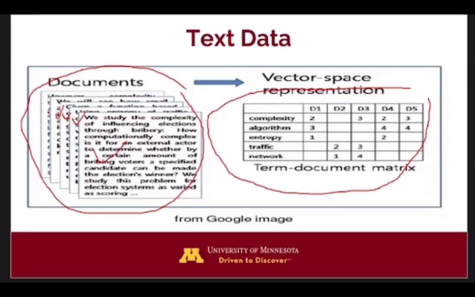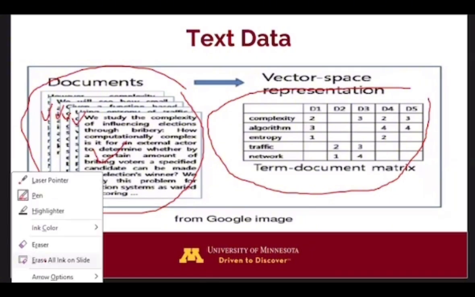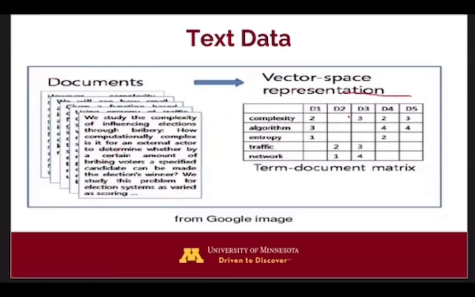I think it's hiding, right? How many documents am I showing? I'm showing 5 documents, right? Now, with the 5 documents, I'm going to use notations D1, D2, up to D5. And I need some keywords.